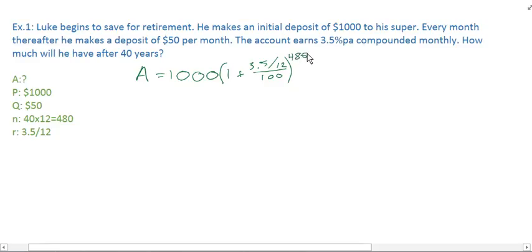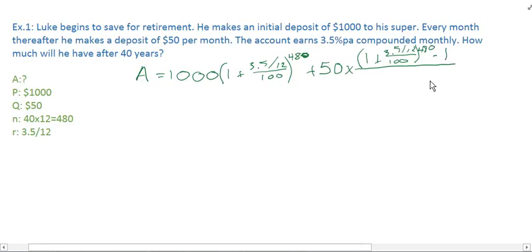Sorry, it looks like a 6. That's the first component of the equation. The second component plus a $50 deposit, times one plus 3.5 over 12 over 100 to the 480 minus 1.